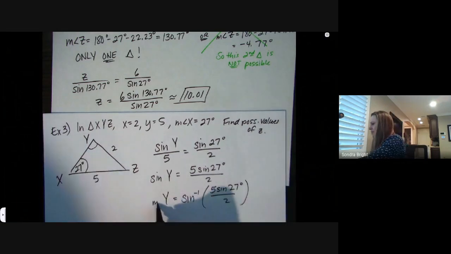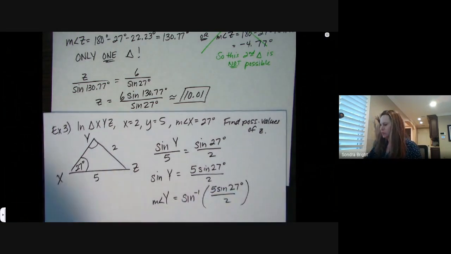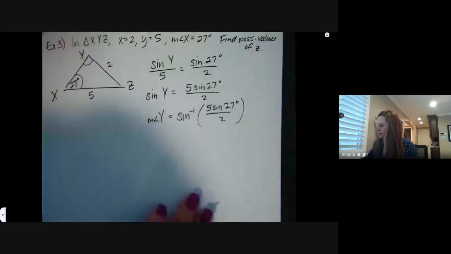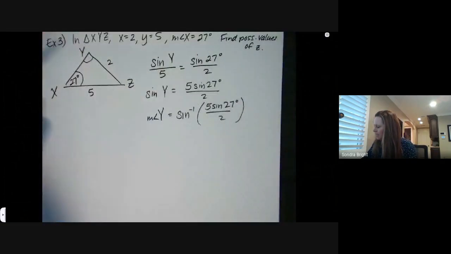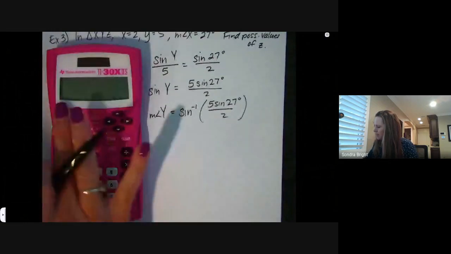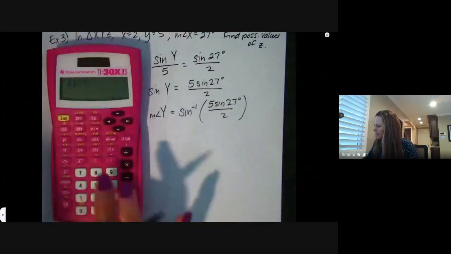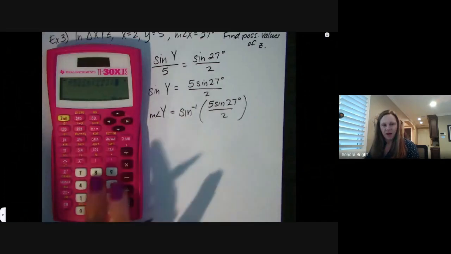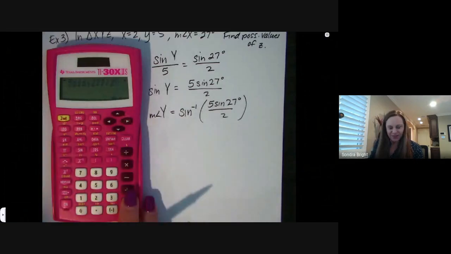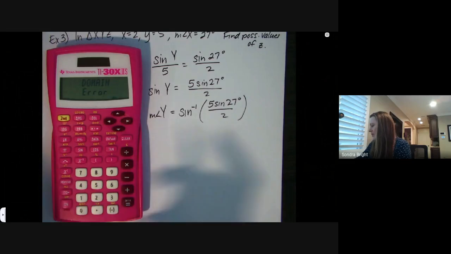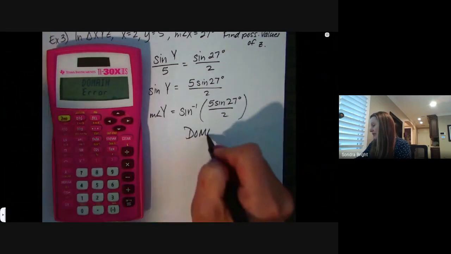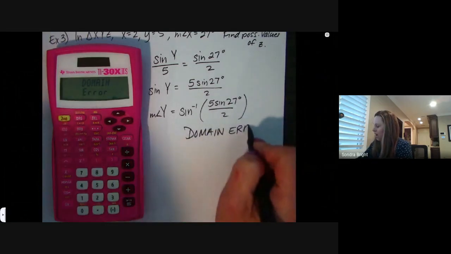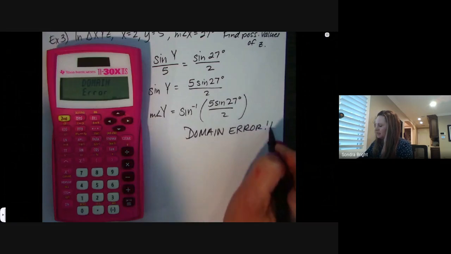All right, so let's put this in our calculator to see what happens. Inverse sine of 5 times sine of 27, in parentheses, divided by 2. What? Domain error? If you get a domain error, I would double check that you put it in your calculator correctly first. But why was there a domain error?